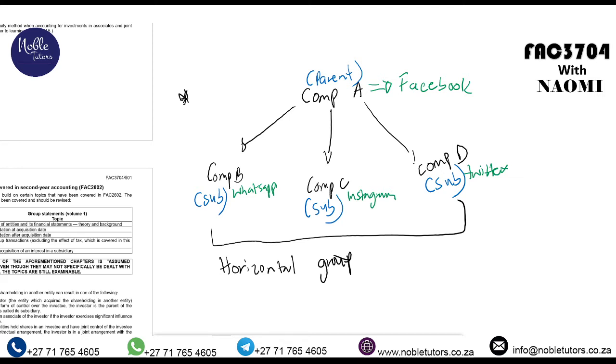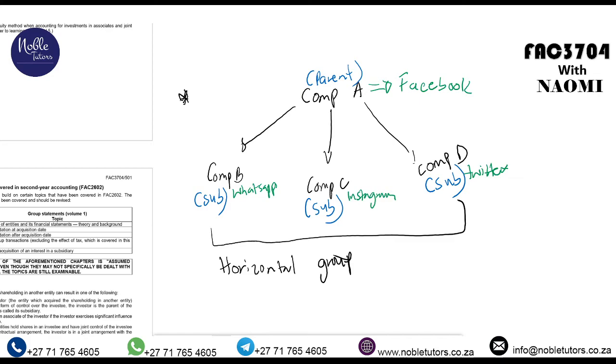Hence, we say this is group financial reporting. It's only on the reporting at year end that you take the financial statements of WhatsApp, Instagram, Twitter, and Facebook, and then combine them by consolidating to make it as though it is one financial statement. I hope you're together with me.